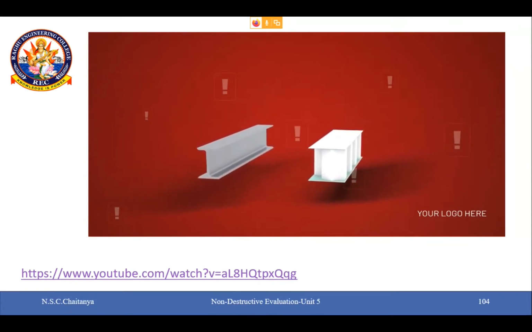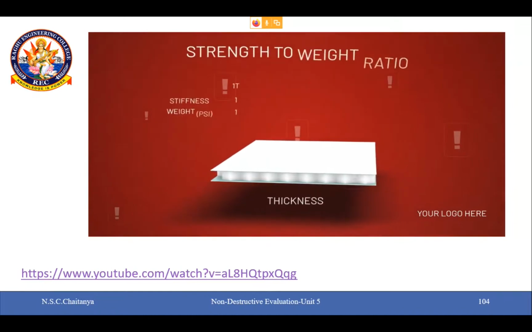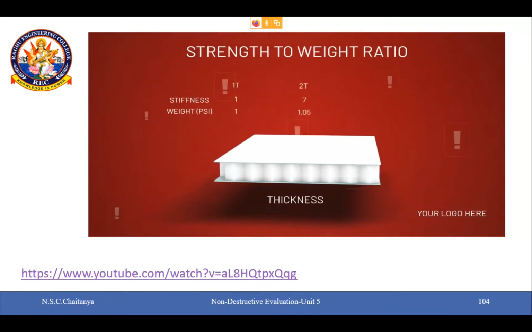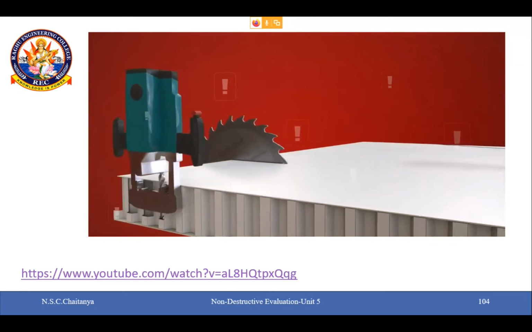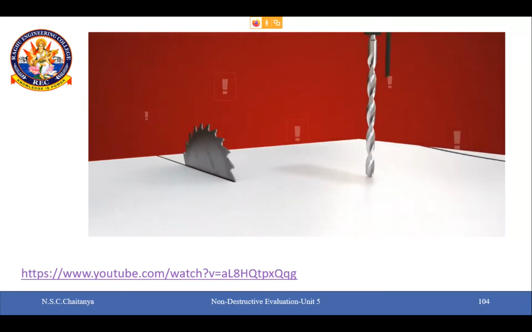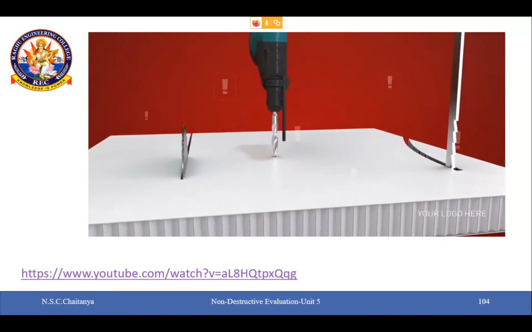Honeycomb panels offer exceptional strength to weight ratios. Strength increases exponentially with core thickness, yet the weight remains relatively unchanged. Try that with plywood.